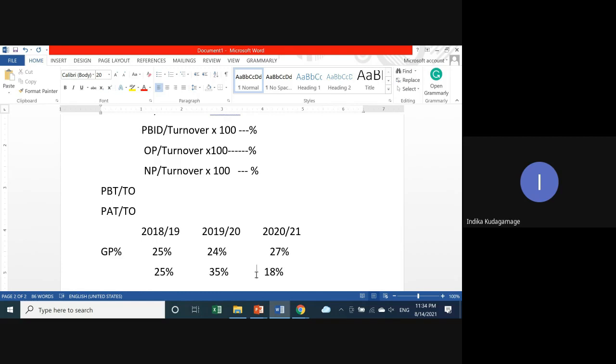Then the second year my demand for TVs has come down, but I'm selling computers where my profit margin is low. So due to the change in the product mix I sell, this gross profit margin can change. If not, normally it will not change in a larger band, but it will change in a very narrow one. Why?